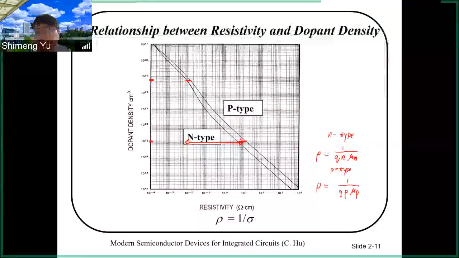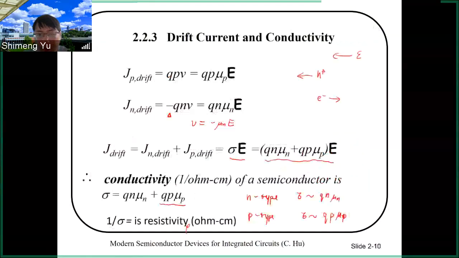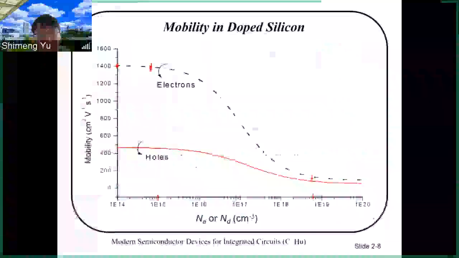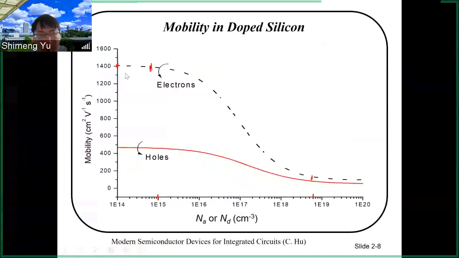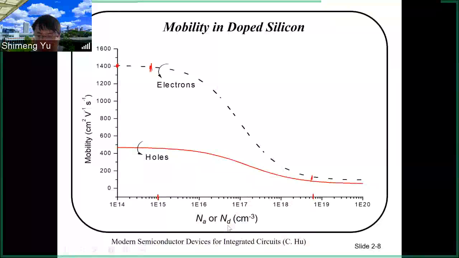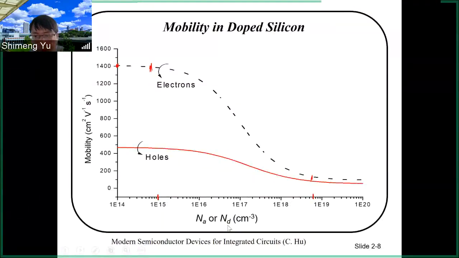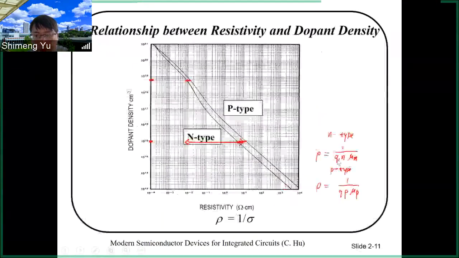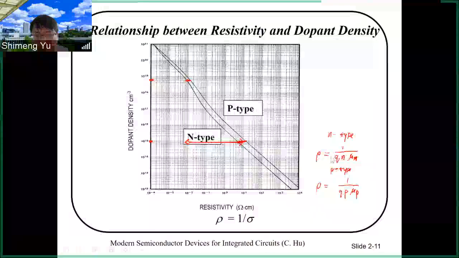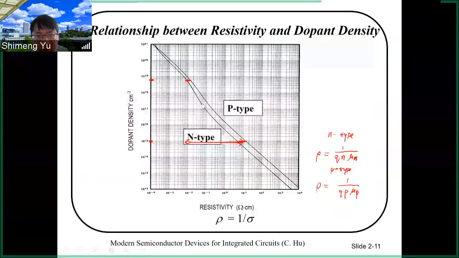The mobility, as we discussed in one of the earlier slides, also depends on the doping density. So you need to consider that as well, and then if you have considered those, you can get this relationship.